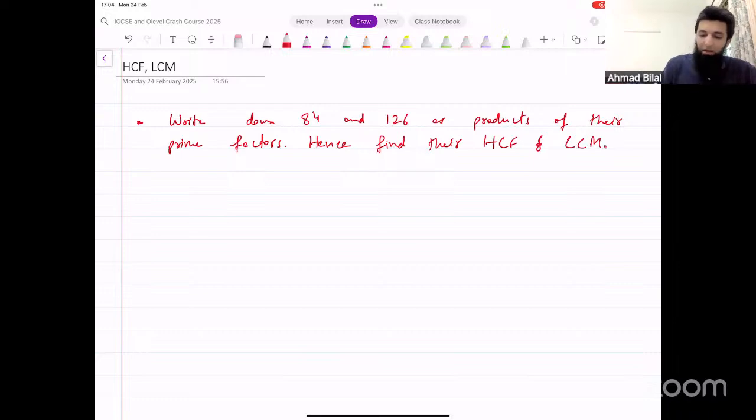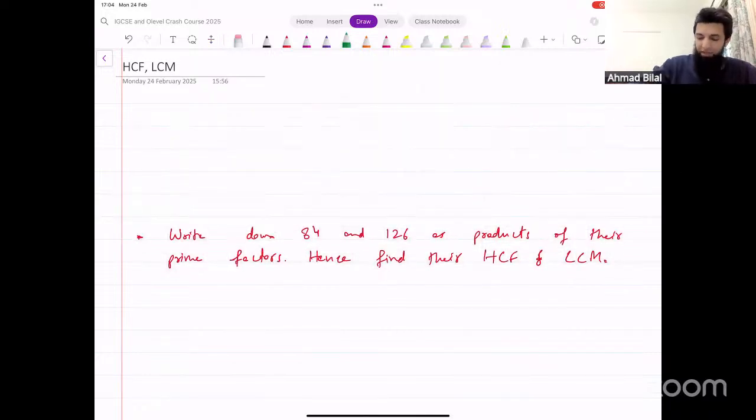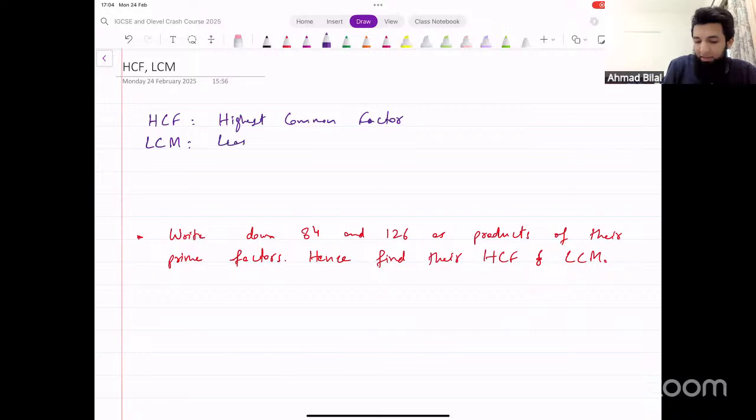Okay, now what does HCF stand for? HCF is the highest common factor. Now we'll understand those exact definitions through this example as well. But let me just write down the full forms first of all. What's HCF? HCF is the highest common factor. And LCM is the least common multiple.